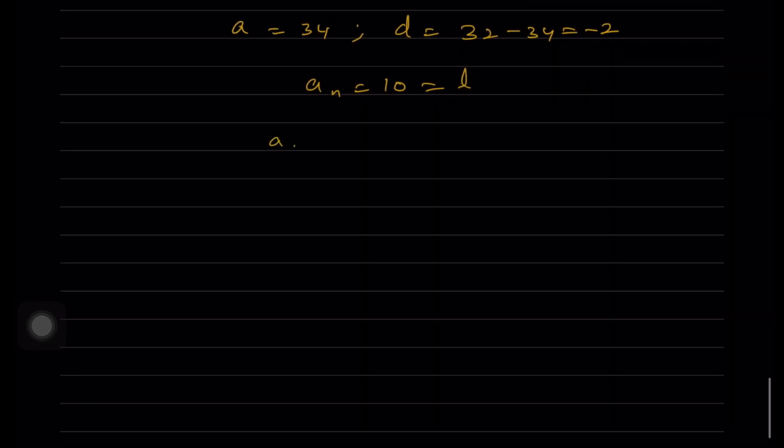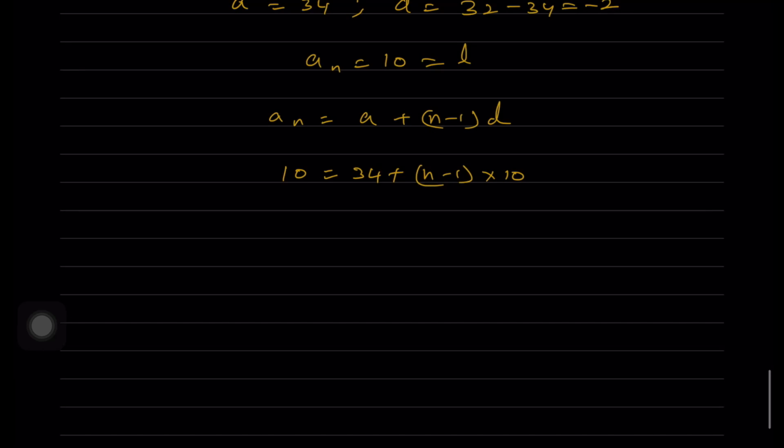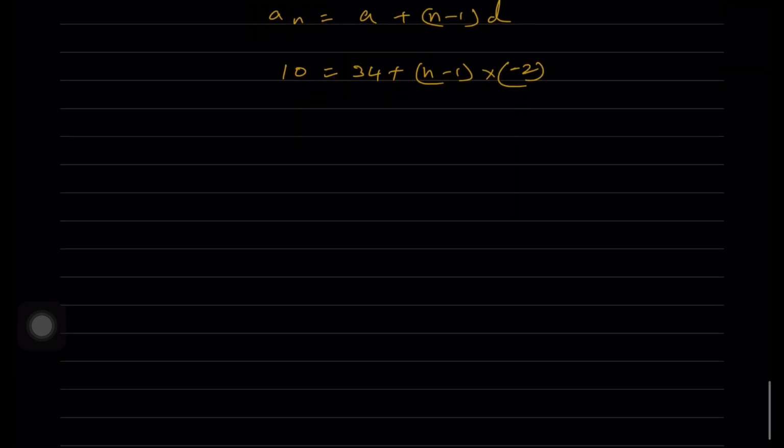We know that an is equal to a plus (n minus 1) into d. Substituting this, we'll get the value of n. So here 10 is equal to 34 plus (n minus 1) into the common difference, which is minus 2.